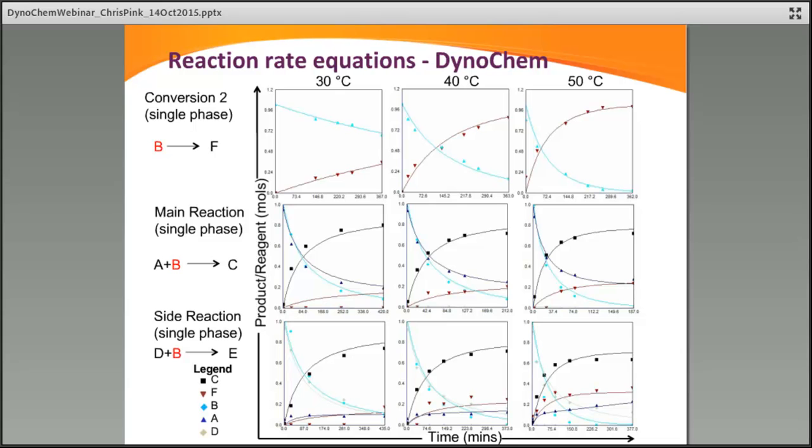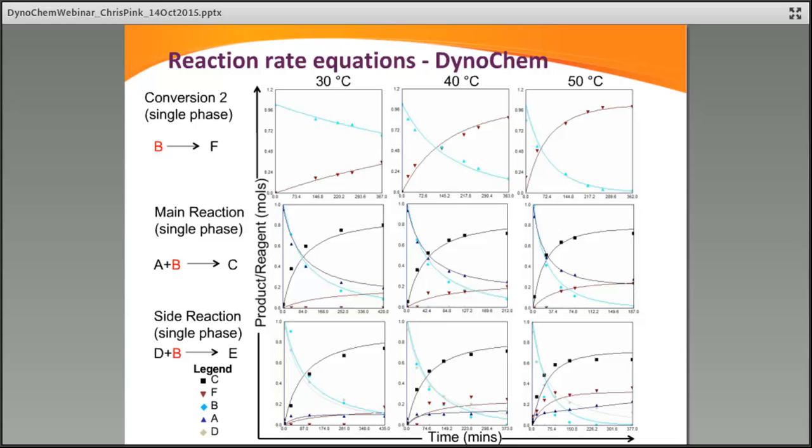We fitted this across 3 different temperatures, and then we did the same thing for the main reaction and also the side reaction using different inputs. We monitored that over 3 different temperatures, and you can see the fit is fairly reasonable for all the data we generated.